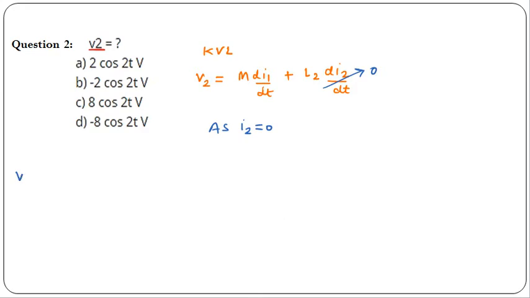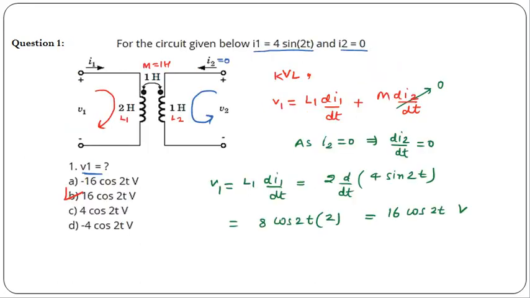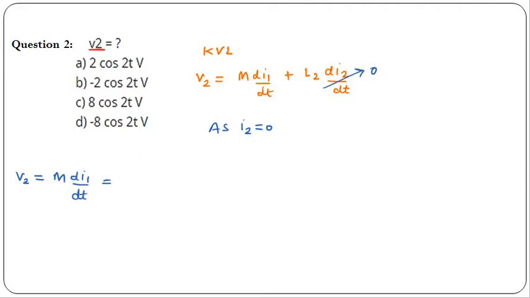So voltage V2 is simply equal to M into d of I1 by dt. The mutual inductance value in this question is 1 Henry and I1 current is 4 into sine of 2t. So M is 1, and this is 1 into d by dt of 4 into sine of 2t.